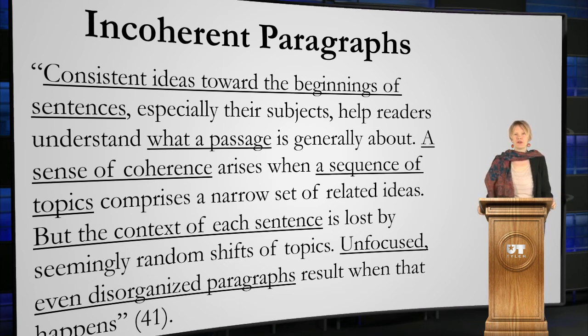So this paragraph reads, consistent ideas toward the beginning of sentences, especially their subjects, help readers understand what a passage is generally about. A sense of coherence arises when a sequence of topics comprises a narrow set of related ideas, but the context of each sentence is lost by seemingly random shifts of topics. Unfocused, even disorganized paragraphs result when that happens. A lot of stuff is underlined here.